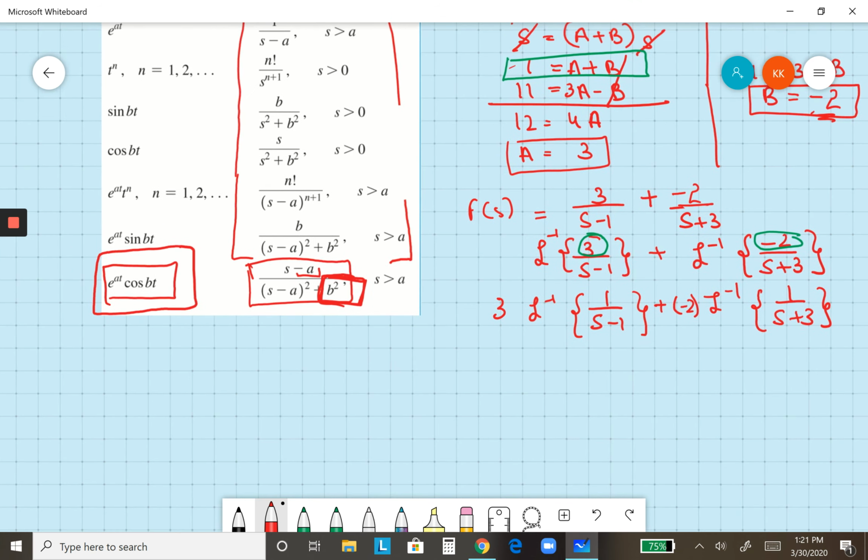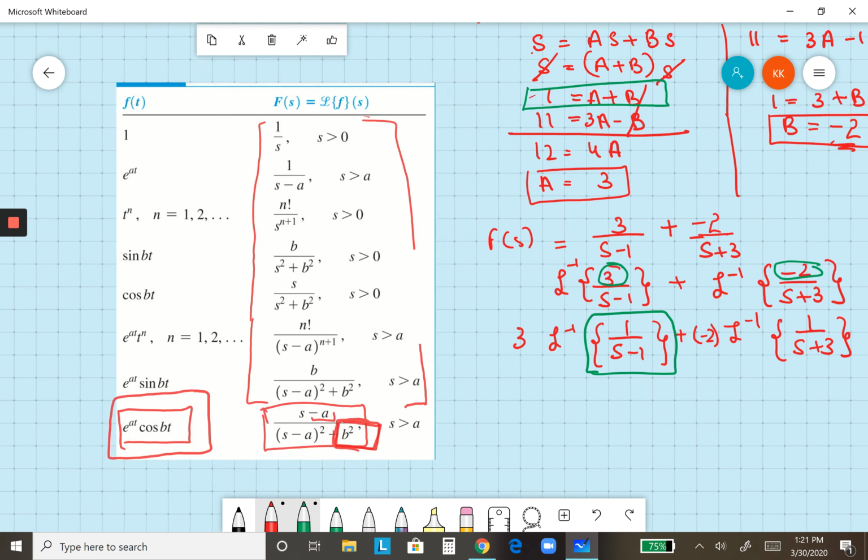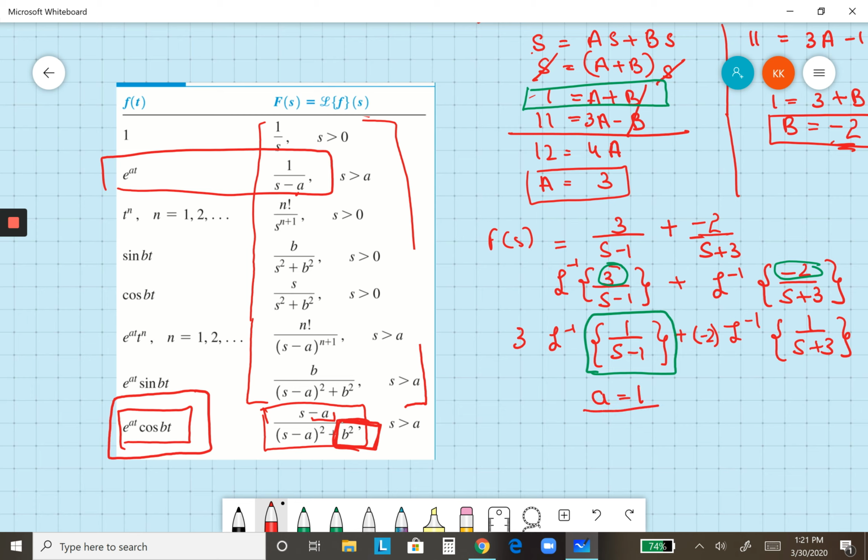So looking at the first part and looking at our table, we can see that it's 1 over s minus 1. So we can see the second point here. So it's 1 over s minus a. So our a should be 1 in order to get that. So it's 3 times 1 over s minus 1 plus -2.